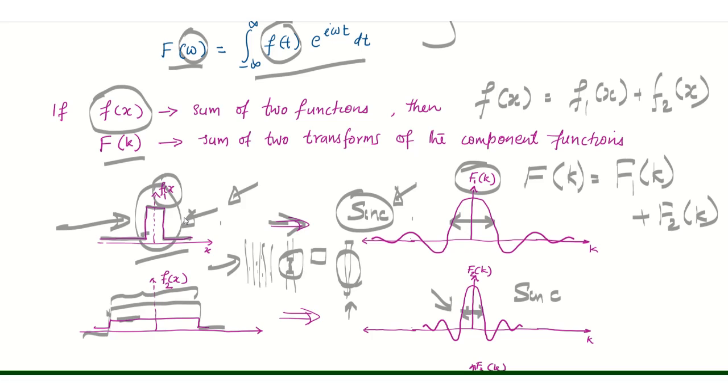In that case you will be able to use an appropriate aperture function here, and then transform it to see how it will look on the Fourier plane.